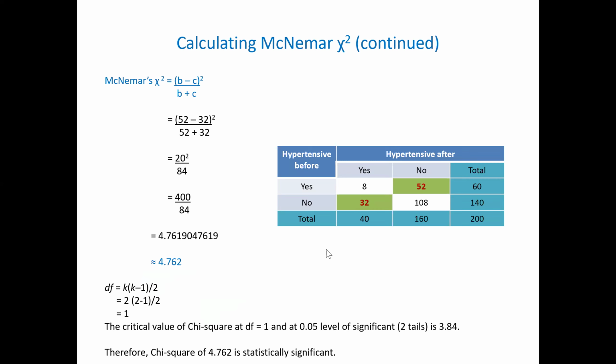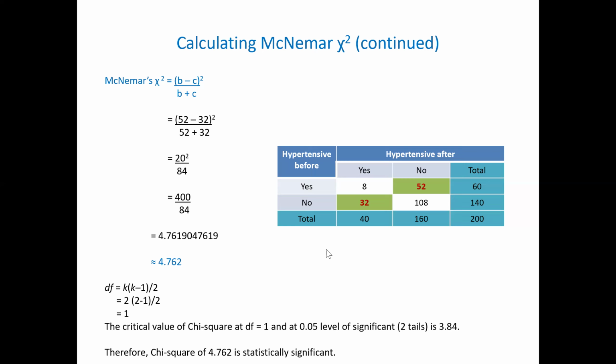K here means the number of categories. In McNemar, the number of categories is usually 2. In McNemar-Bowker, it can be 3, it can be 4. That would be the k. So in this case, it's 2. You say 2 into 2 minus 1 over 2 will give you 1. So the degree of freedom for this 2 by 2 McNemar is usually 1, because there are 2 categories.